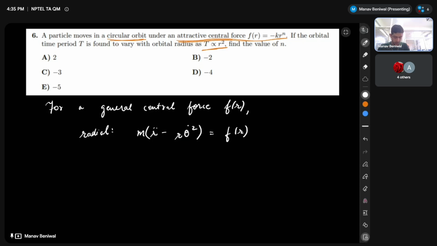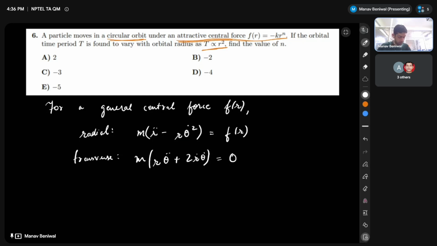For the angular or transverse component, the equation becomes m r theta double dot plus 2 r dot theta dot is 0, because there is no transverse force acting. There is only a radial force, no theta component of the central force. So this we set to 0.